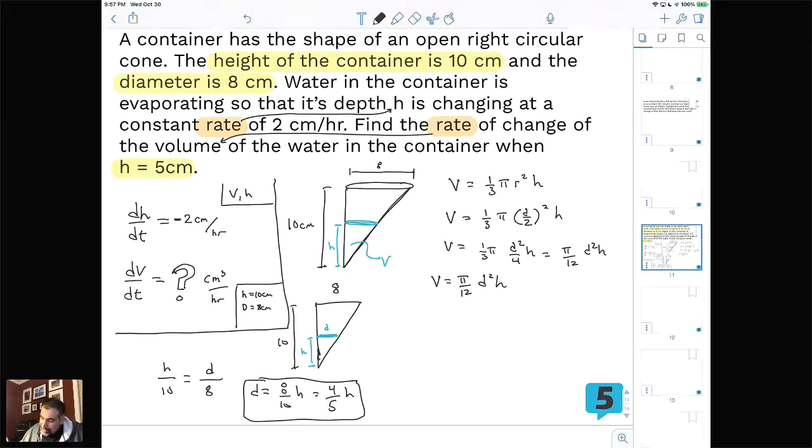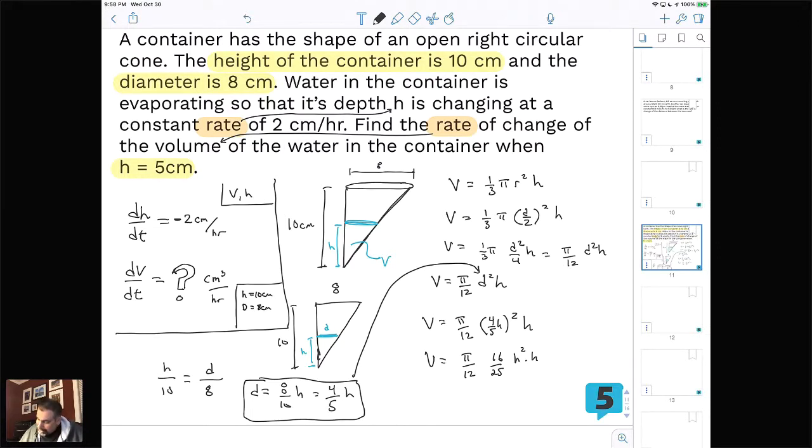If I take this and bring it over here, I'm going to take this volume equation, which is v equals pi over 12, and now I'm going to replace my d with 4/5 h. And when I do that, I'm going to get the volume equals pi over 12. I'm going to get 16 over 25 h squared times h.